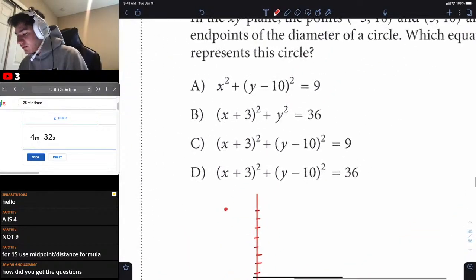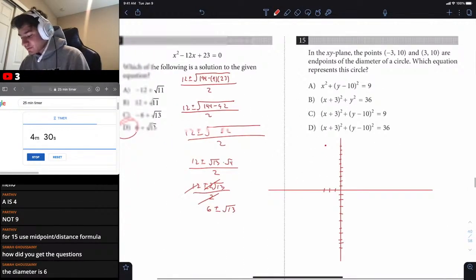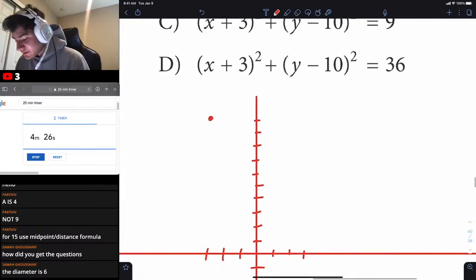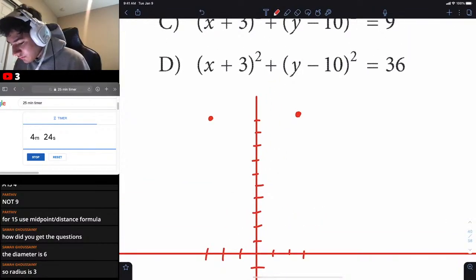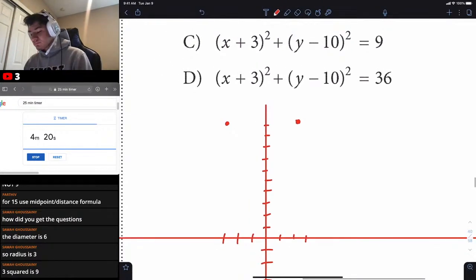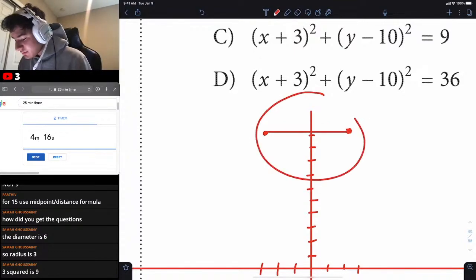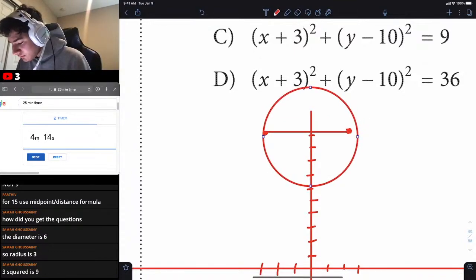And 3, 10 are the endpoints of a diameter of the circle. 3, 10 would be 1, 2, 3. So it's going to be somewhere around there. These are the endpoints of a diameter of the circle, so the circle would look something like this.